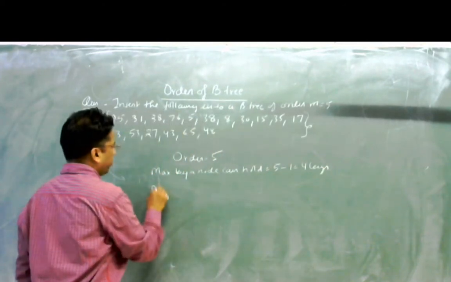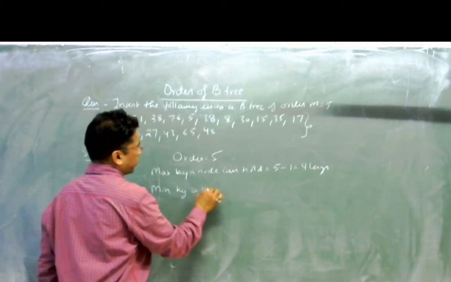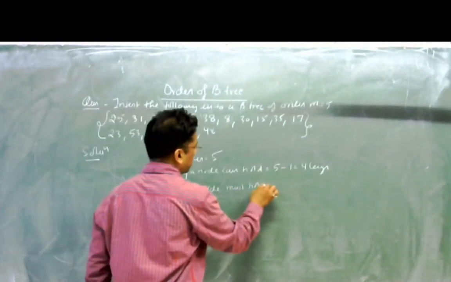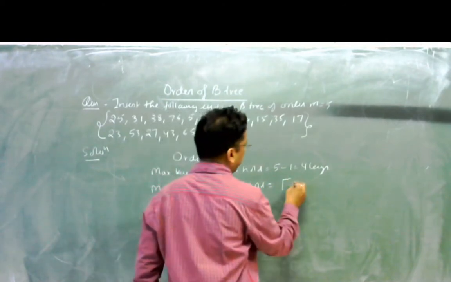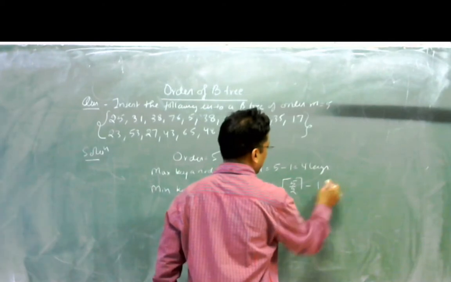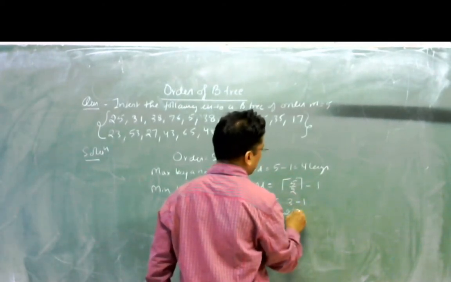And the minimum number of keys a node must hold is equal to the ceiling of m by 2 minus 1, which is 5 by 2, ceiling 3, minus 1, equal to 2 keys.